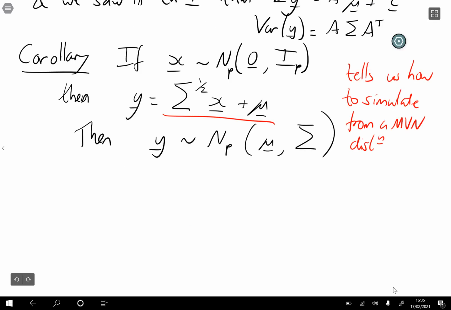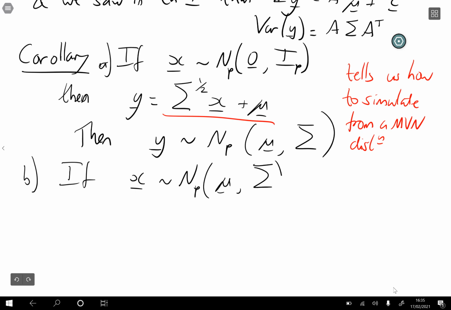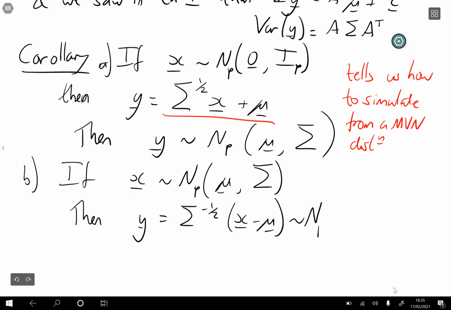The converse of this corollary, let's make that part A. Part B is that if x is normal with length p, mean mu and variance matrix sigma, then y, which is the inverse matrix square root of sigma times (x minus mu), is multivariate normal, dimension p, mean 0, variance matrix the identity.